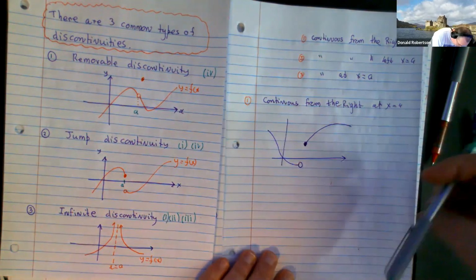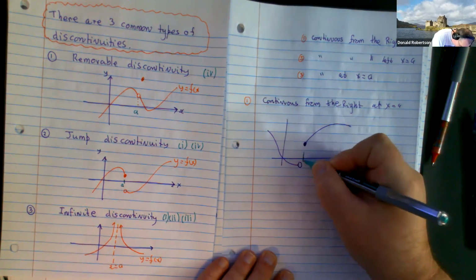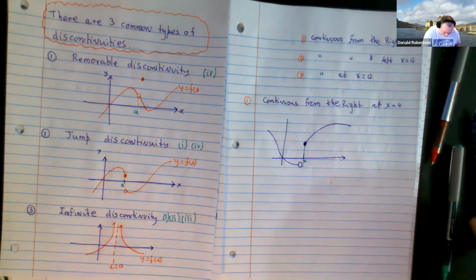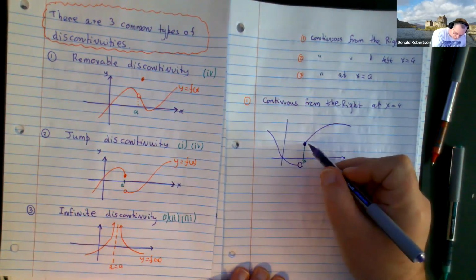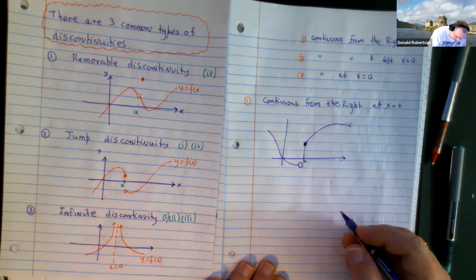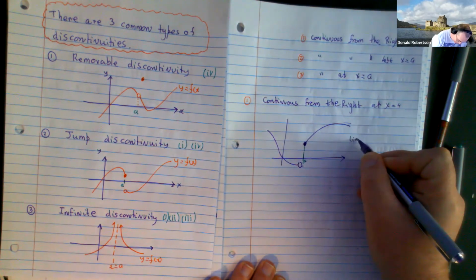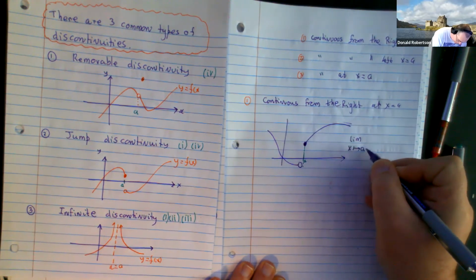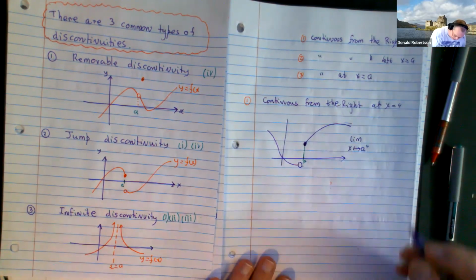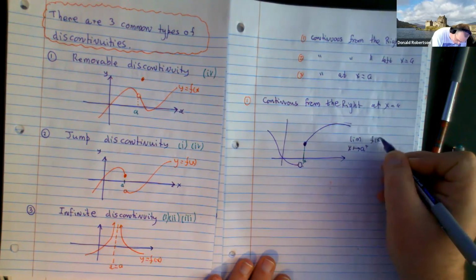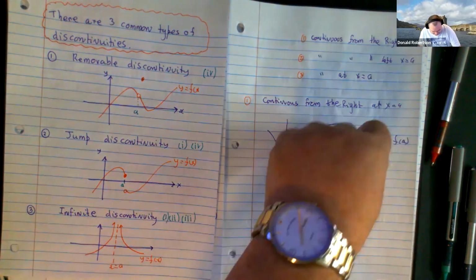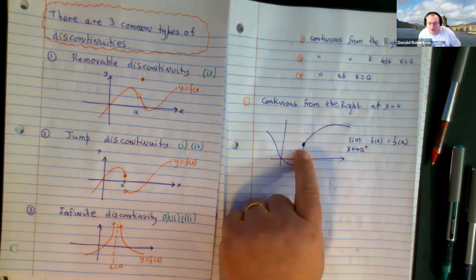And let's say that is where x equals a is. This is right continuous at x equals a. And the reason for that, or one way of describing it, is the limit as x tends to a plus, the right-hand limit of this function, is equal to the value of the function at a. So if the right branch has a solid dot on it, it's right continuous.